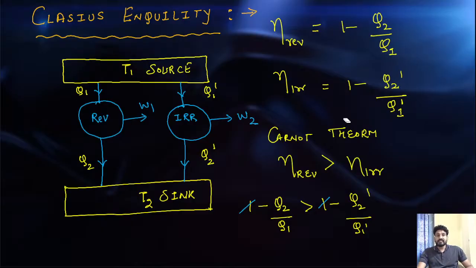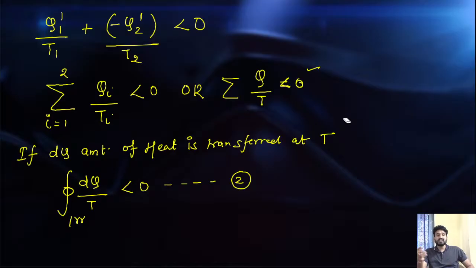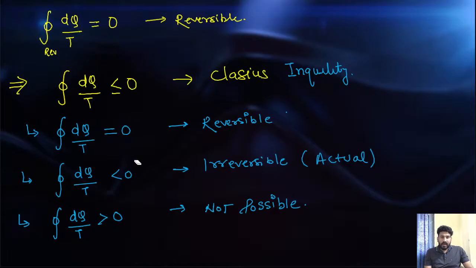After that, we discussed the Clausius inequality, and for that purpose we took two kinds of engine, reversible and irreversible. By comparing their efficiency, we got to know that the closed integral of dq over dT is less than 0 for irreversible. The cyclic integral of dq over dT is equal to 0 for reversible.